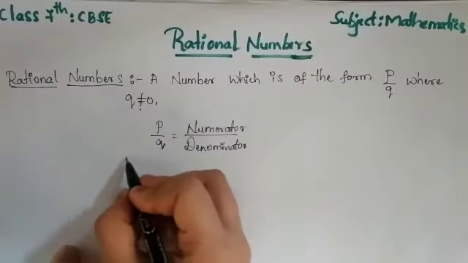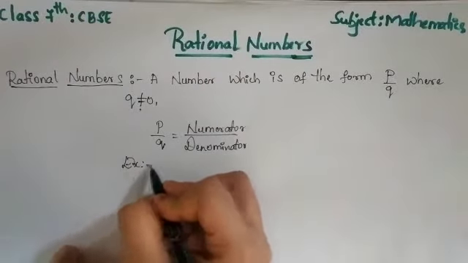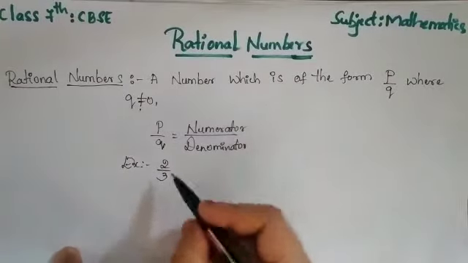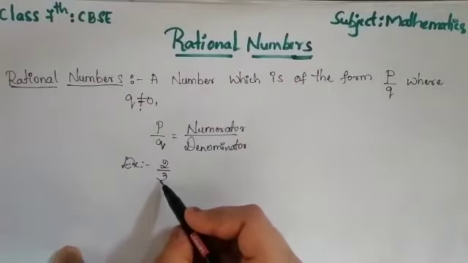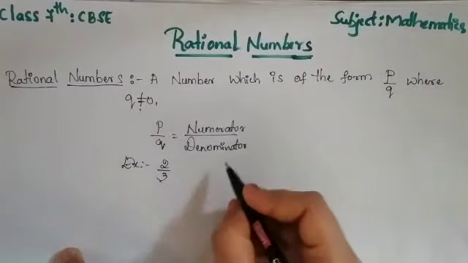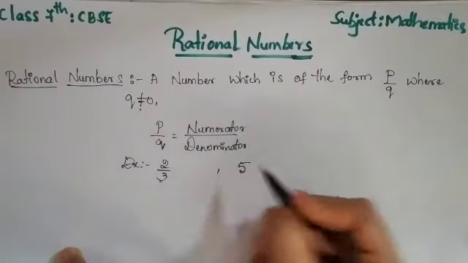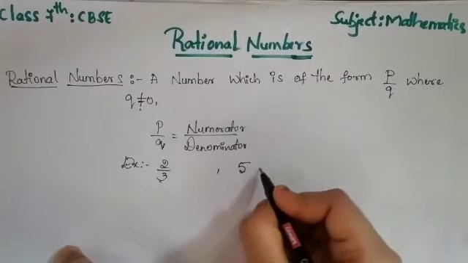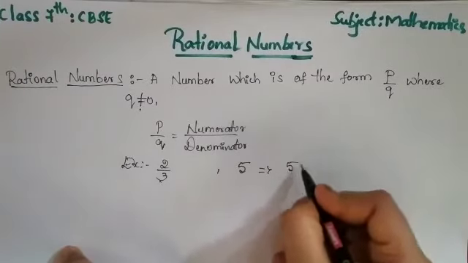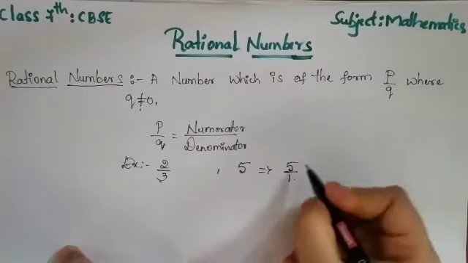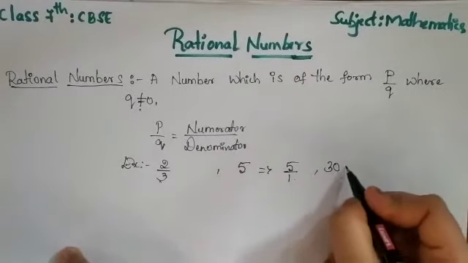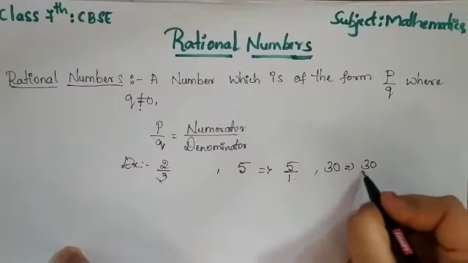For example, 2 by 3 is a rational number because the denominator 3 is not 0. And 5 is also a rational number. Why? I can write 5 as 5 divided by 1, and 30 as 30 divided by 1.